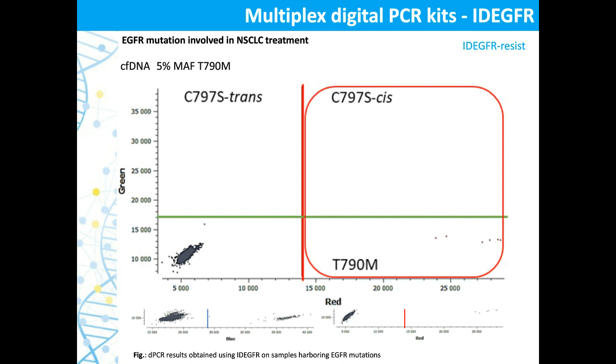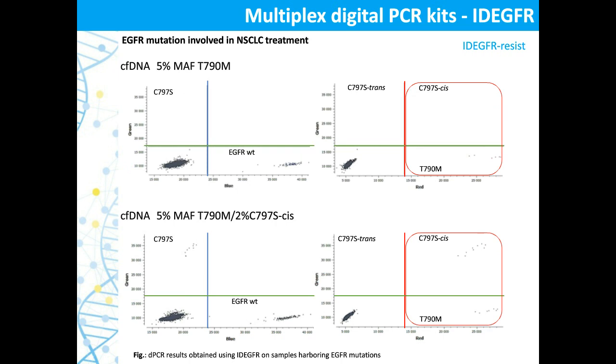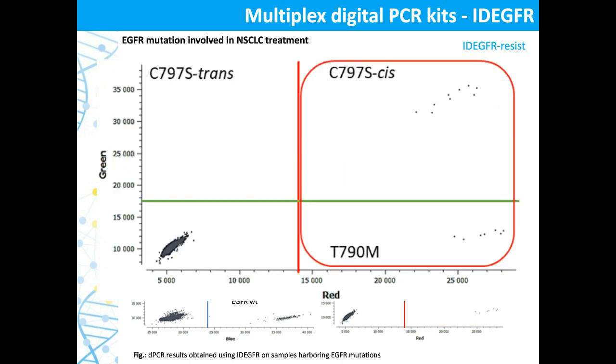So the sample was not highly concentrated, but we were able to detect the mutation and no droplet on the C797S. For the second one, we had 2 populations. One which was only T790M positive, and the other one with double positive droplets. So a part of the T790M mutation was associated with the C797S in cis.